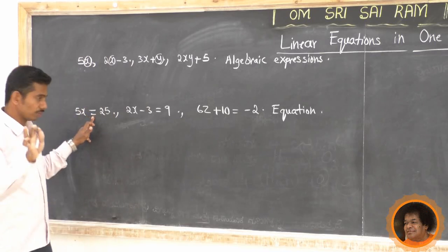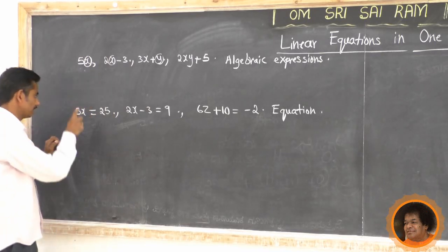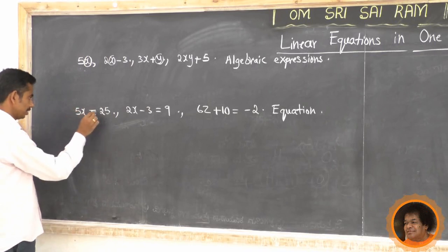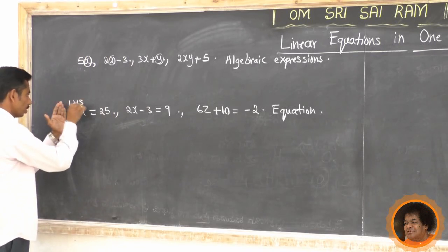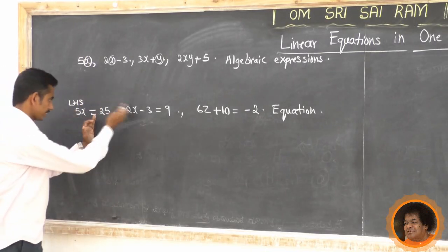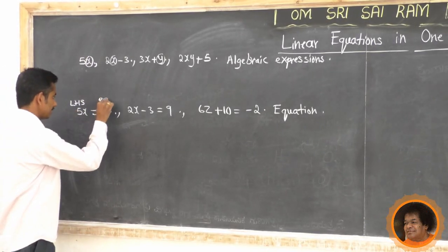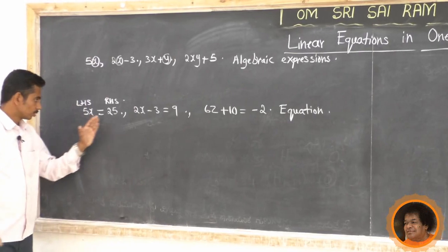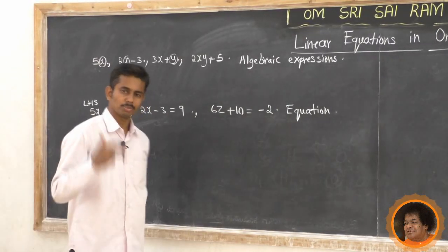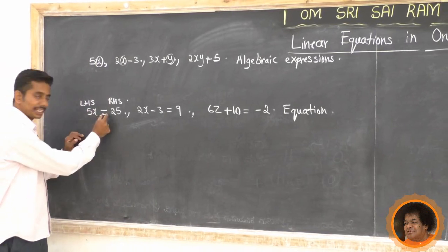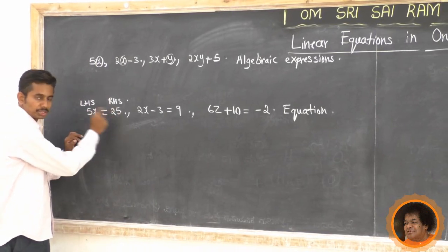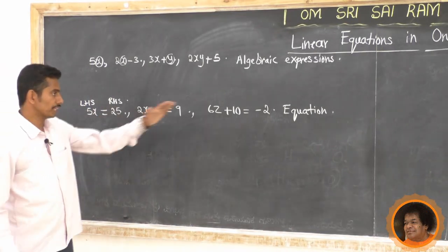In any equation, there is a left hand side and a right hand side, called LHS or left hand side, and right hand side. Therefore, it is an equation. What do you mean by equation? Equation means equality of two different algebraic expressions.